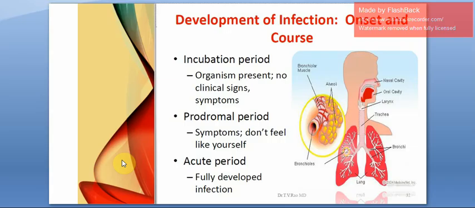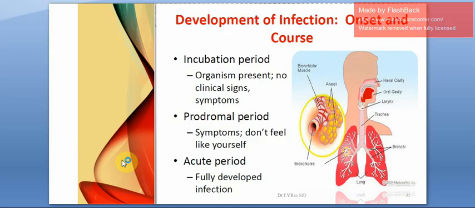It is the period between exposure to the infection and appearance of signs and symptoms. For example, you may be infected by a microorganism, and it will take some time to develop signs and symptoms. That is referred to as the incubation period.